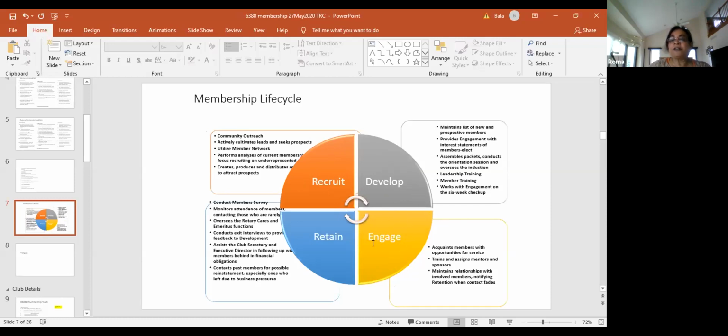Everything that we do here is engagement of members. And measurement of that can be done in this triangle as well. And it also is part of the leadership training, and the food for thought is really between the develop and engage phases. And we also want to retain the members, and we need some way of measuring that.